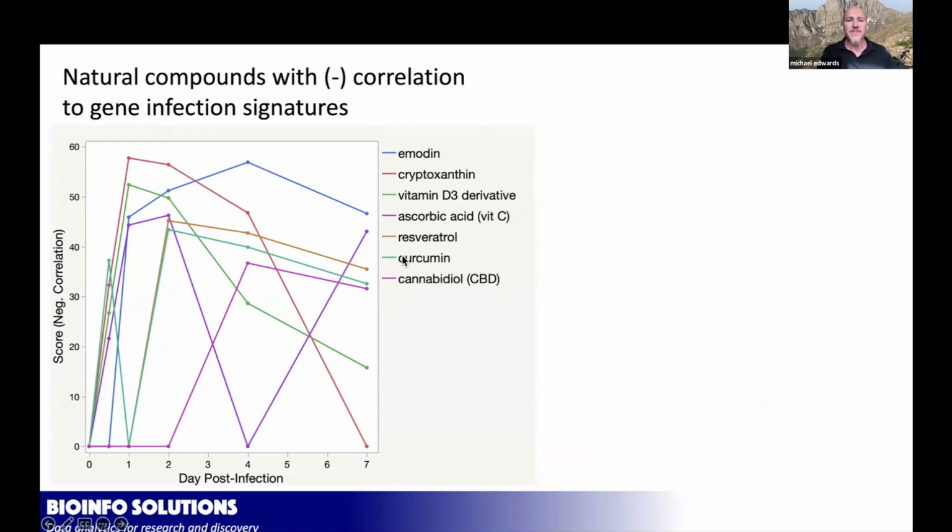What we found is that cryptoxanthin, and I'll tell you what that's in, potentially might be a preventative, right? It looks at very early stages of the virus. But then you also have this emodin, which seems to work at later stages. It's in the blue here.